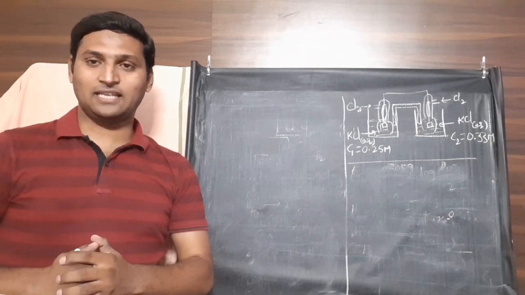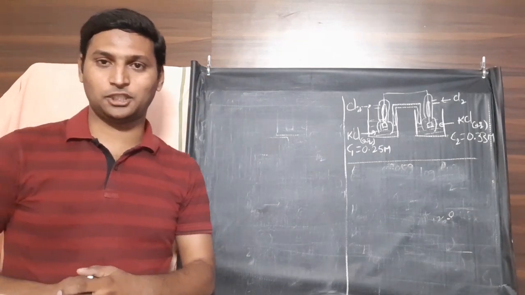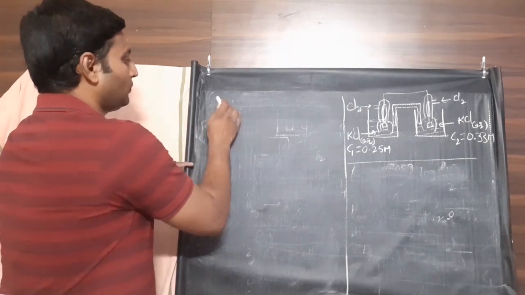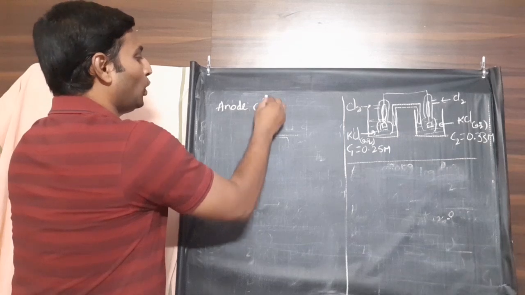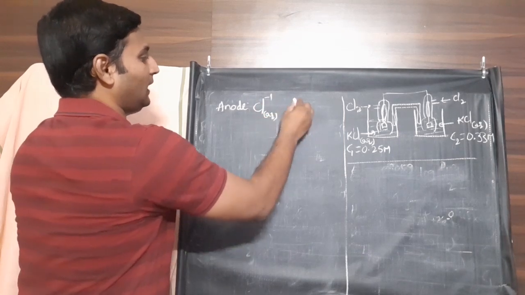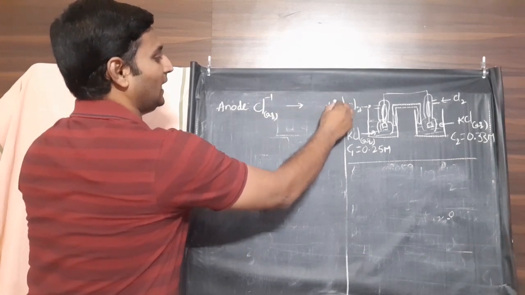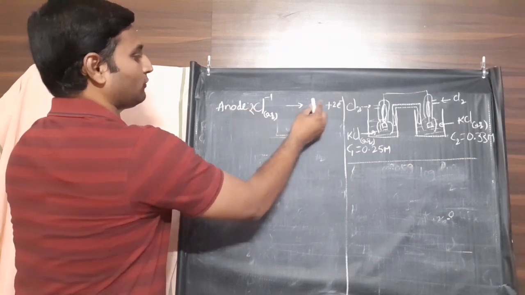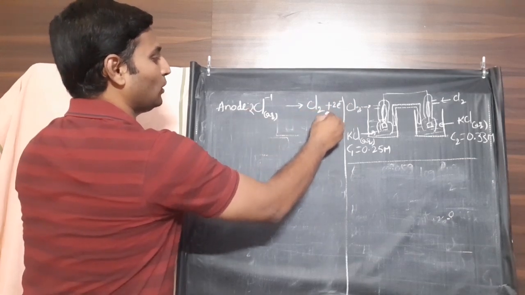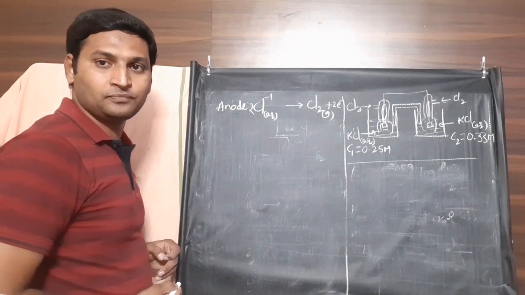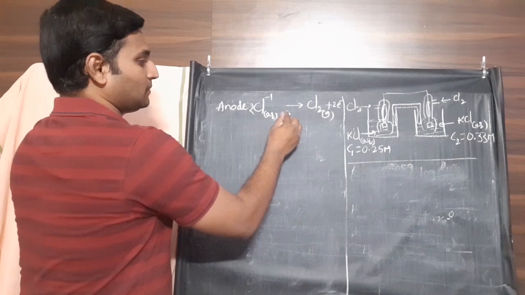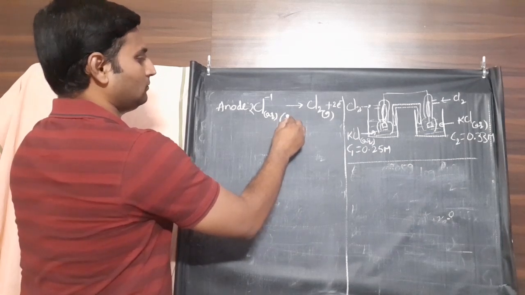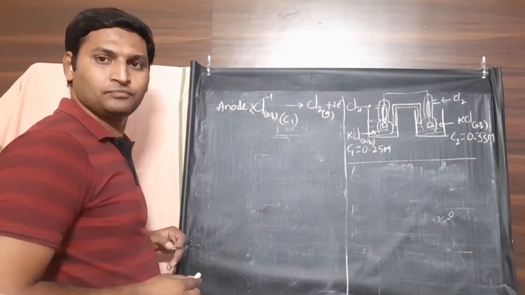Hope you have tried yourself. Now let me give you my explanation. See, if it is anodic reaction, chloride ions have to participate and lose electrons. Say I take 2 moles of chloride, lose electrons, and chlorine gas has to be liberated. Now, let me call this as, say, C1 for the time being.